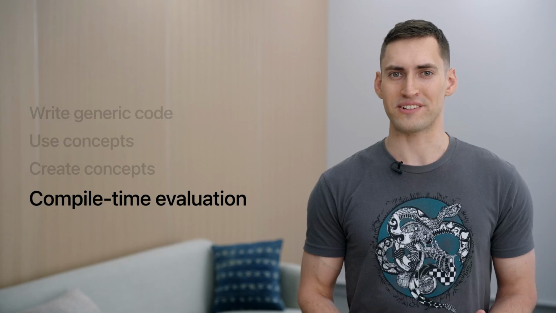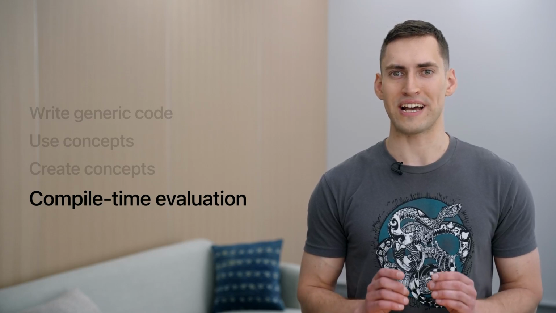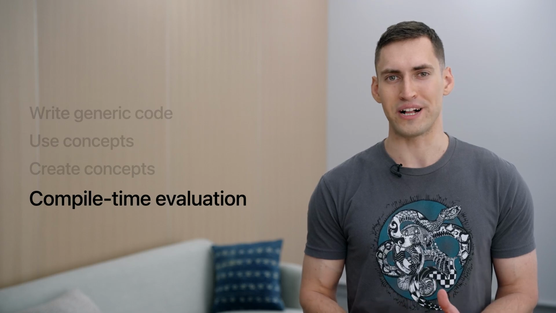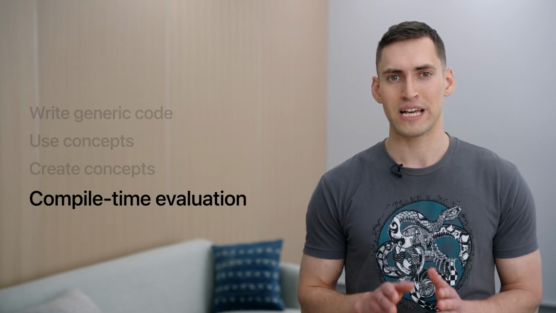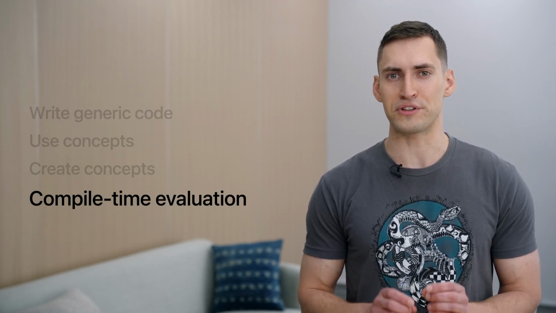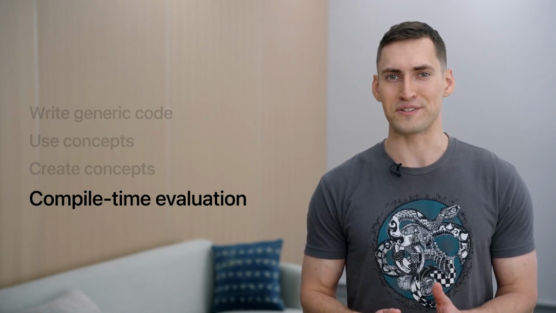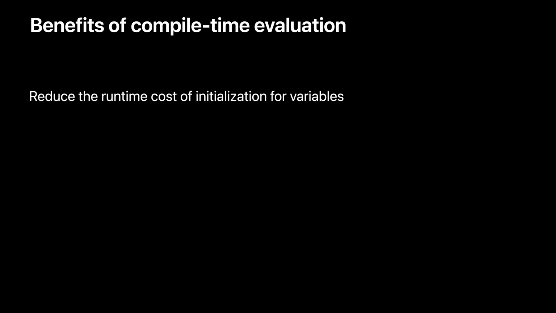In addition to supporting concepts, Xcode 14 has improved its support for other C++20 features as well. More specifically, I would like to highlight the improved support for compile-time C++ code evaluation in Xcode 14. Compile-time code evaluation is useful as it can reduce the cost of initialization of variables in your C++ code.